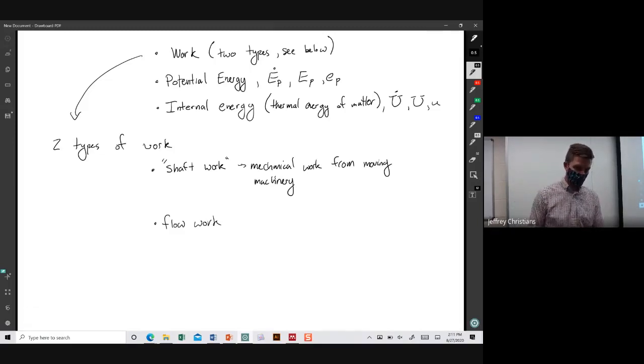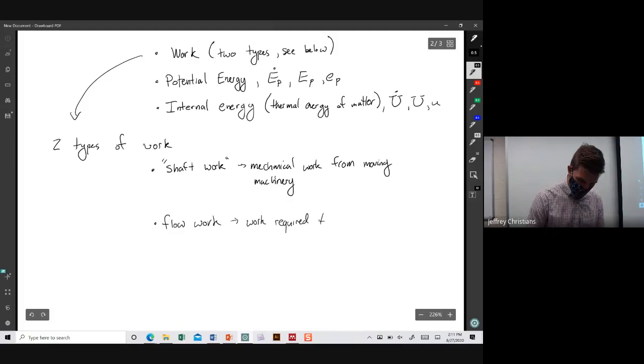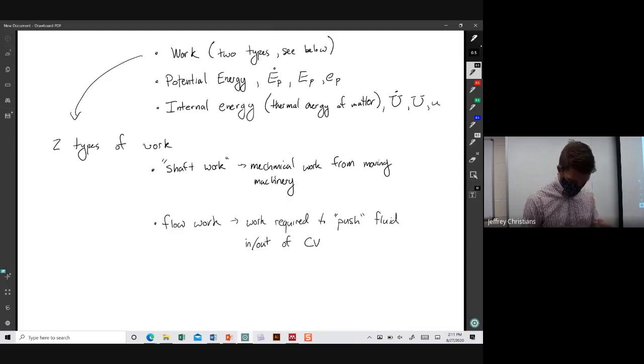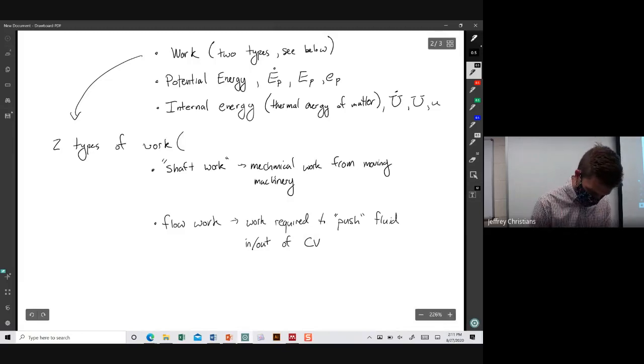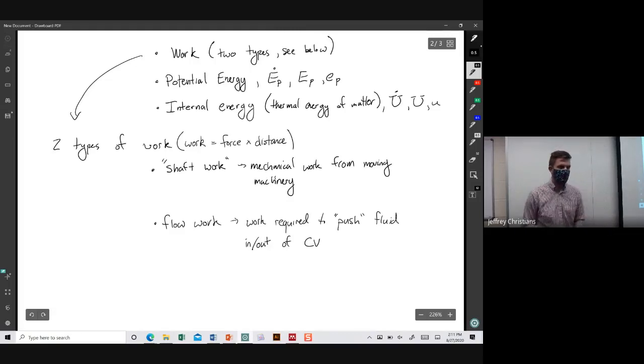And this is the work required to push the fluid in or out of our control volume. So work is a force times a distance.